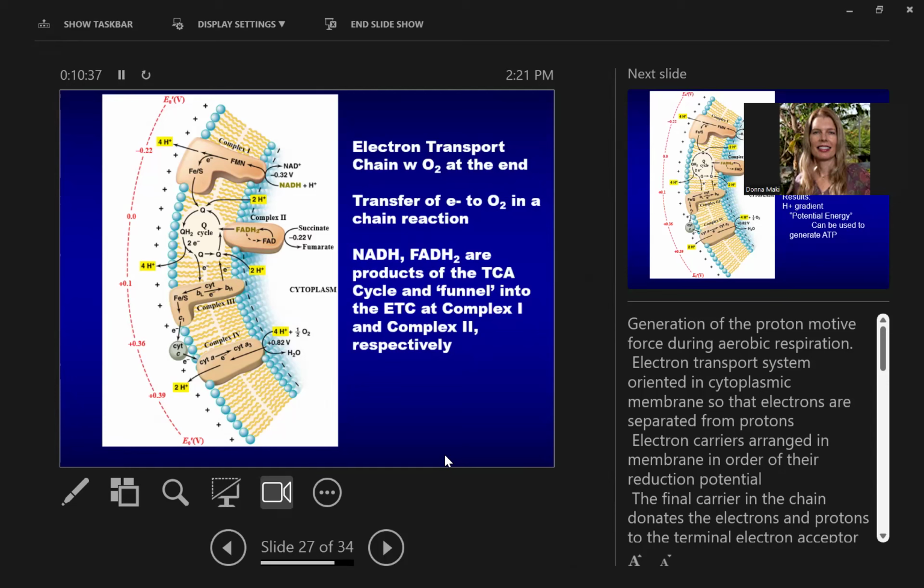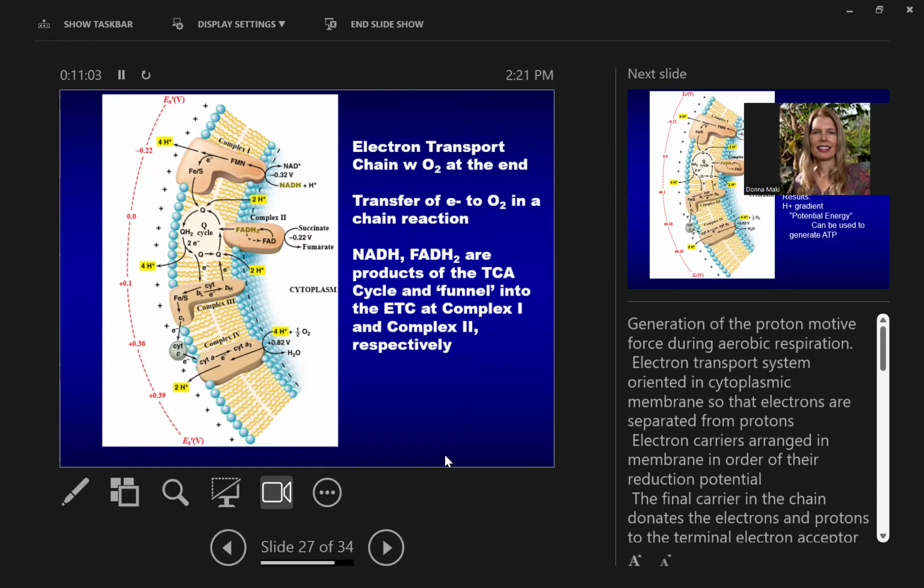Proton gradient. Why do we care about a proton gradient? Why does E. coli care about a proton gradient? Yes. Once you get a proton gradient, that's like potential energy that can be used to do something.